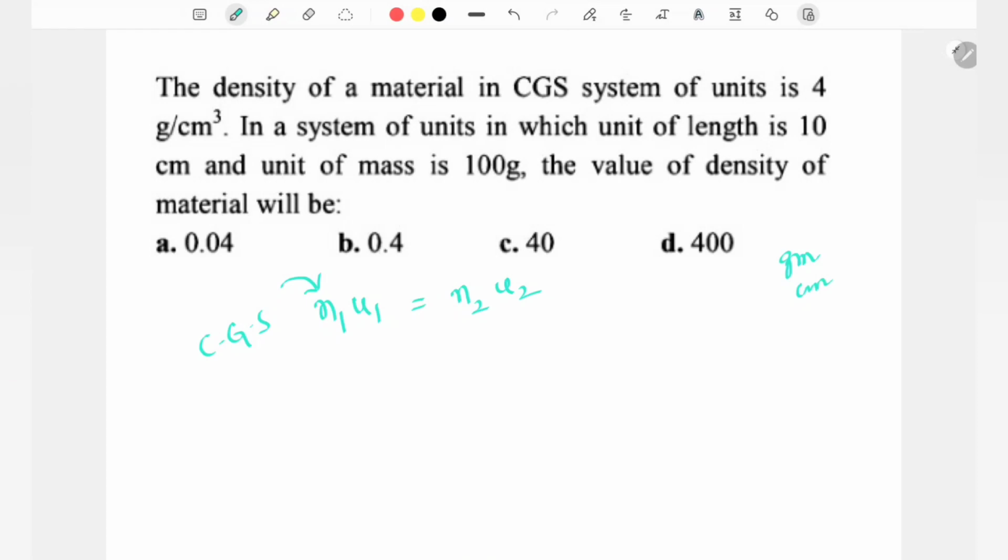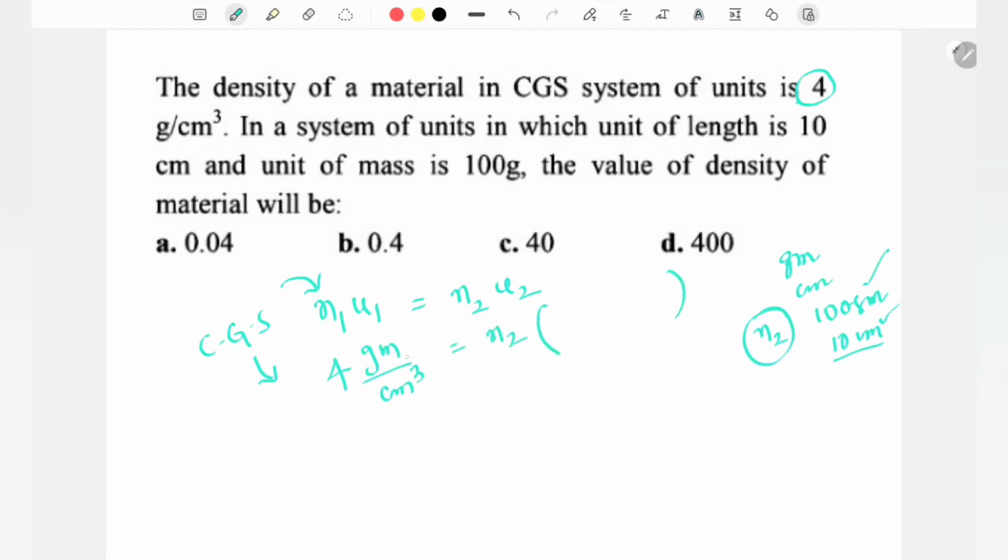And in the new system of units, n2, we can write 100 grams for mass and 10 centimeter for length. Now by writing in the CGS system we get 4 gram per centimeter cube, which is equal to n2.